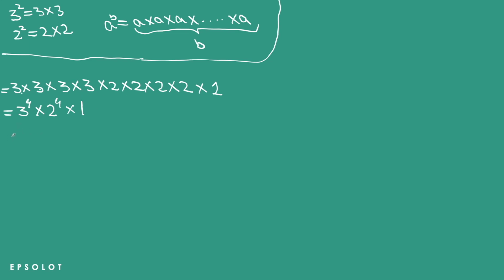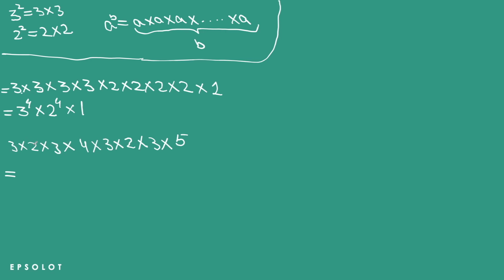Let's say they had mixed up the numbers. So if you had 3 times by 2 times by 3 times by 4 times by 3 times by 2 times by 3 times by 5. Now it's not that easy to see the commons, right? But still, just remember that when you're multiplying, the order does not necessarily matter.